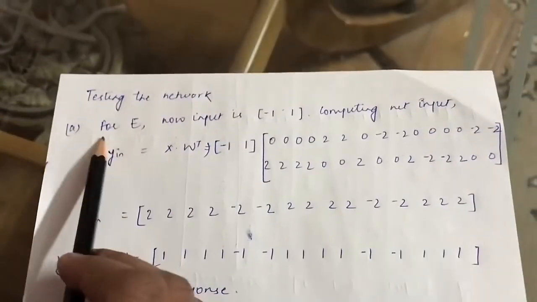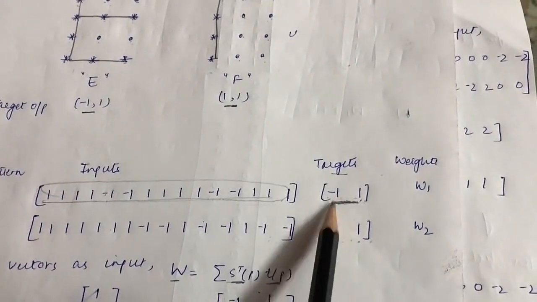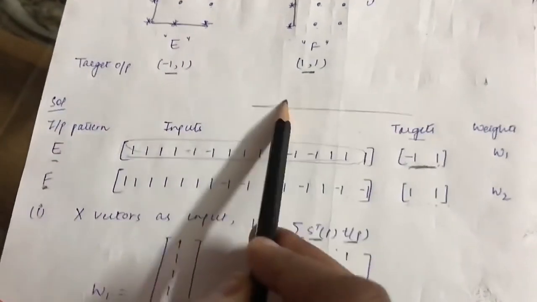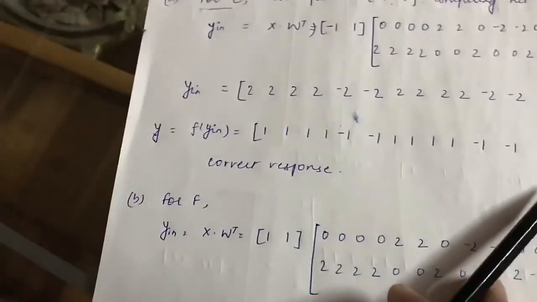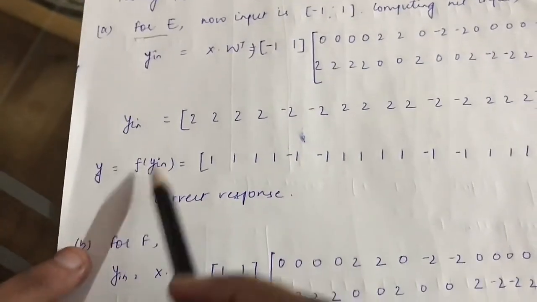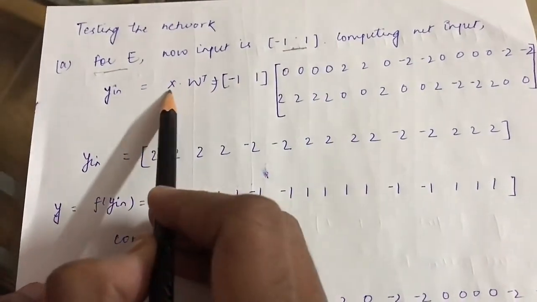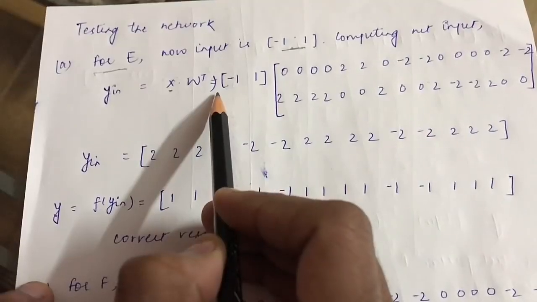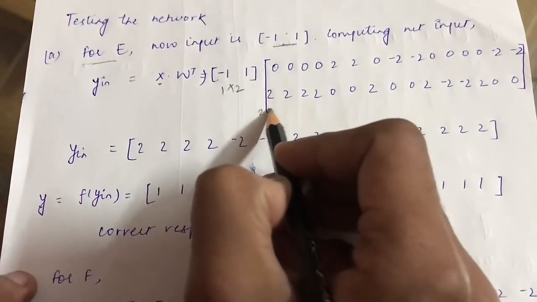So testing the network for E. Now the input will be minus 1 and 1. That means now the input will be this target, and the output will be, now we go in this direction. So the input will be this, and the output should be this. So how do we do that? We multiply this minus 1 and 1, that is the target vector, with the transpose of the weight matrix. So this is a 1 cross 2 matrix, and this is a 2 cross 15 matrix.